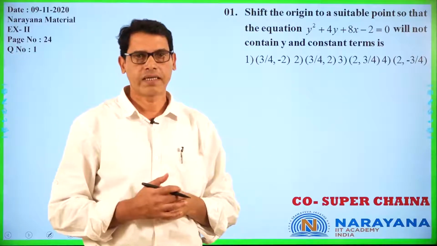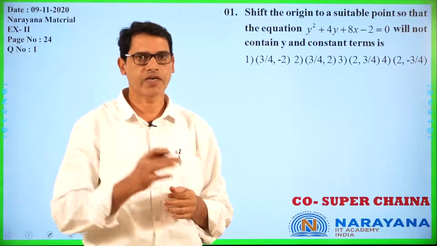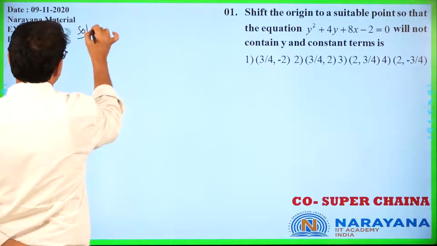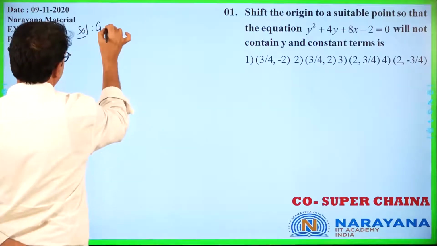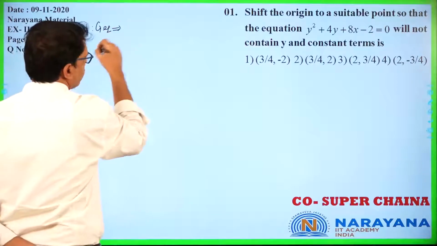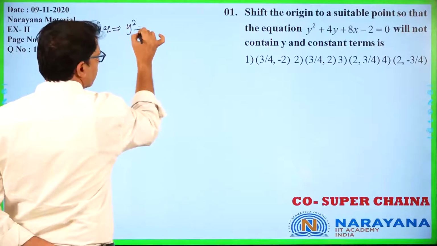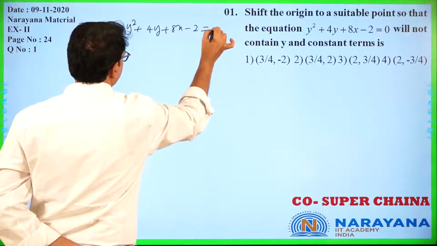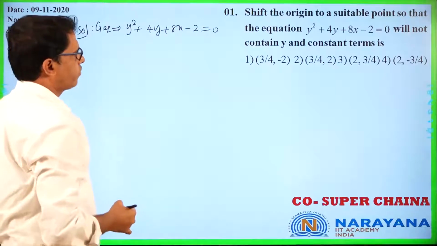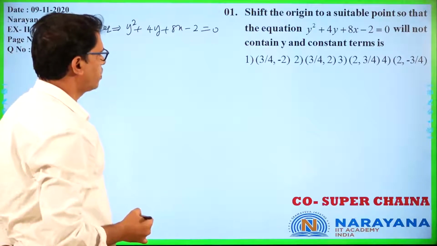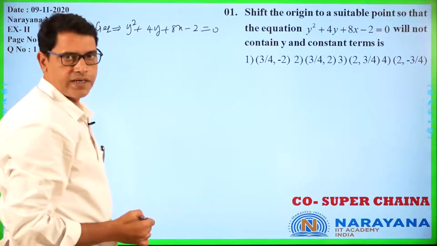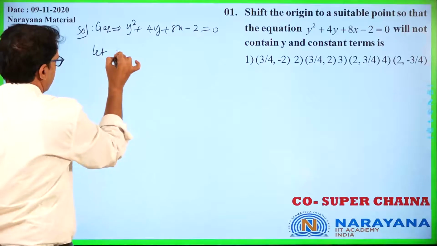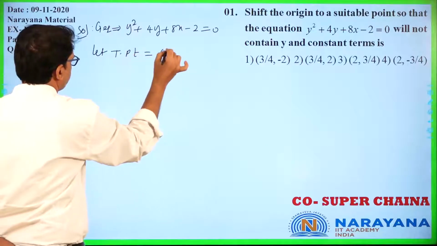Let the translated point be some (h, k). The given equation is y square plus 4y plus 8x minus 2 equals 0. The translated point is not given, so let it be (h, k).